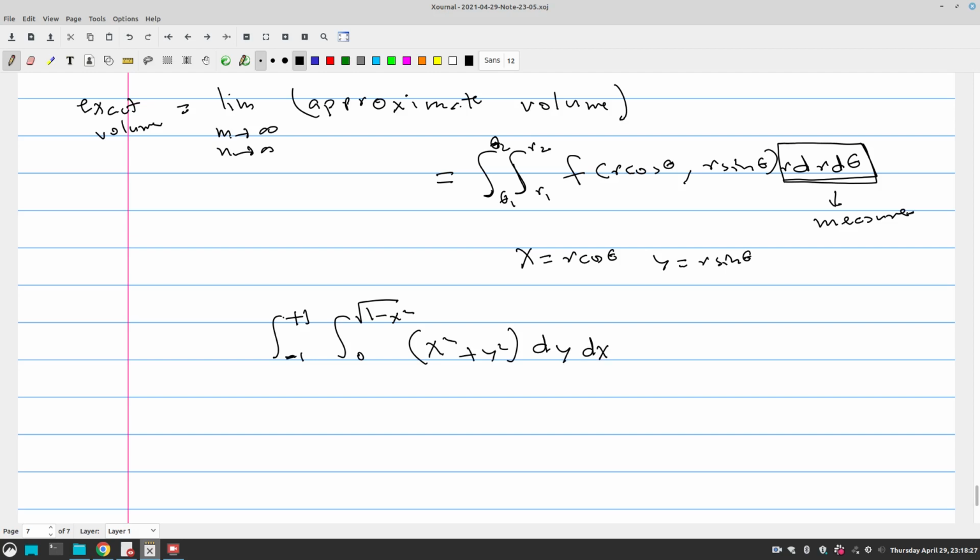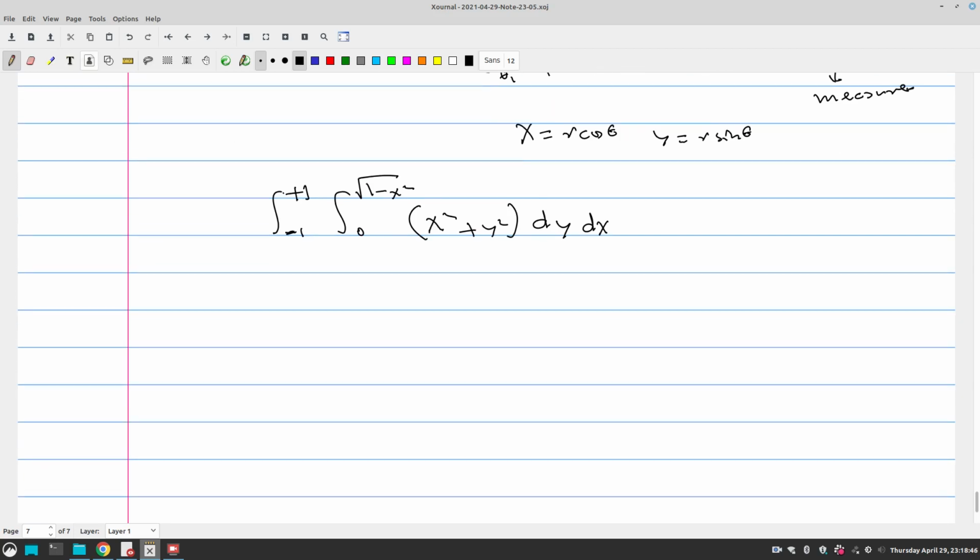Now as it stands, okay, fine, it's possible to do this integration, but let's try to convert the area of integration into an area in polar coordinates.